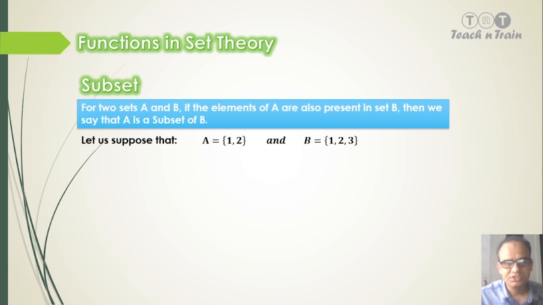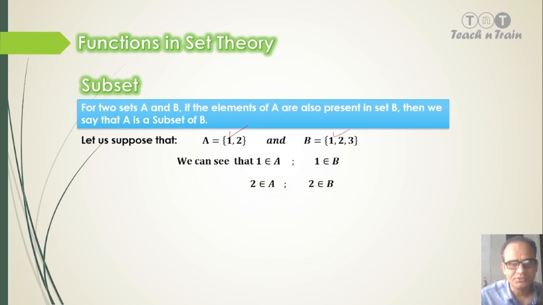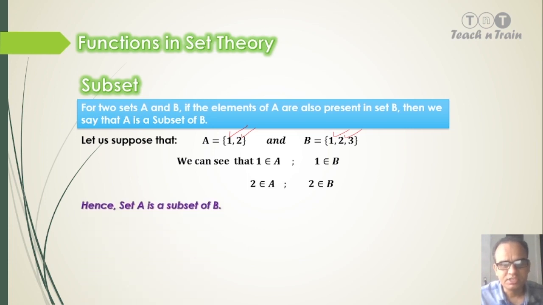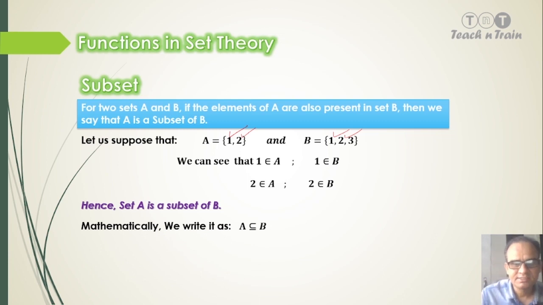We can see here the first element of set A, 1, is also present in set B. Likewise, the second element 2 of set A is also present in set B. So we are writing a relation between sets A and B, that is, set A is a subset of set B, and mathematically we can write it as A, then the symbol of subset, and then the other set B. We can read it as A is contained in B, or as A is a subset of B.